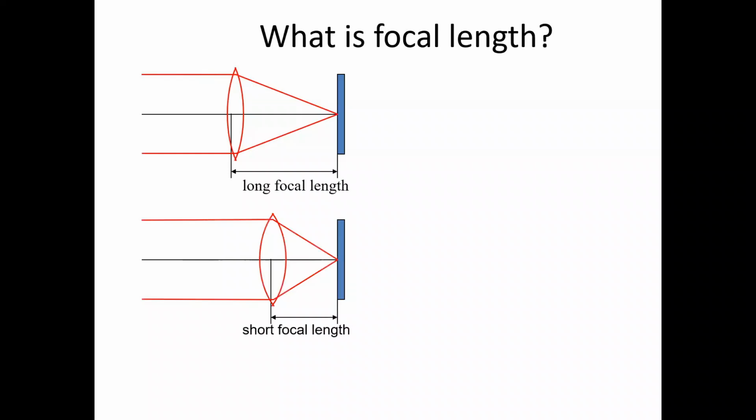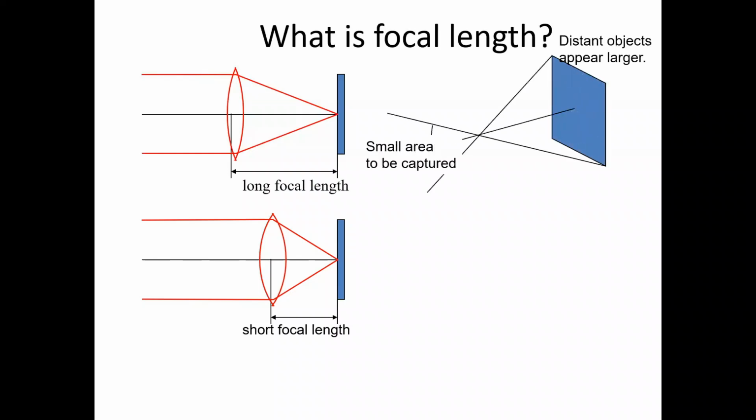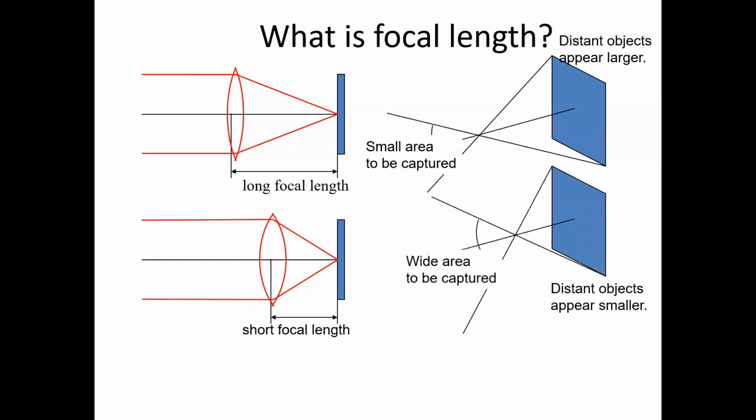And what's the focal length? If there are two lenses, one a long focal length and the other a short focal length, then the area size of the captured image will be different. Like this is a long focal length and this is a short focal length.